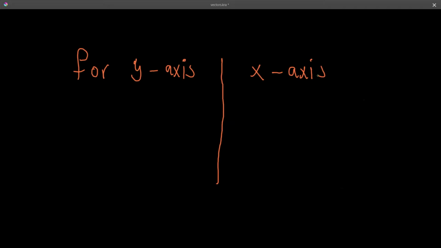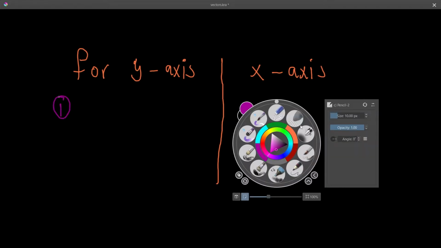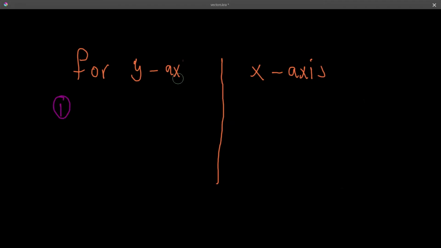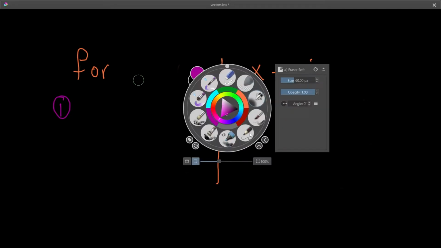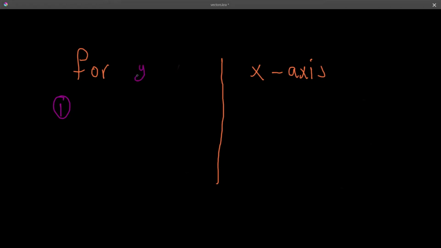So, for example, formula number one. Actually, let's make this a different color. Let's say y-axis.